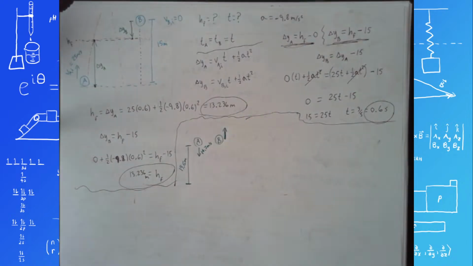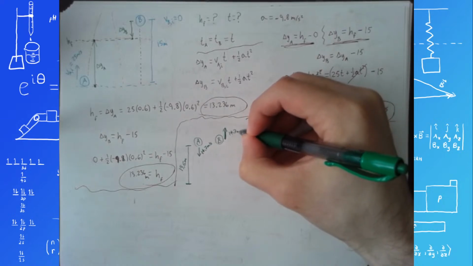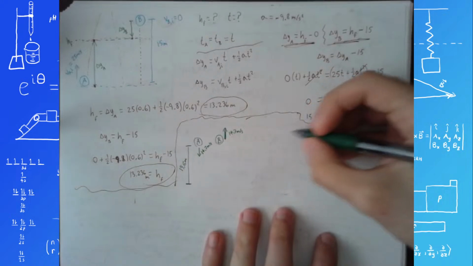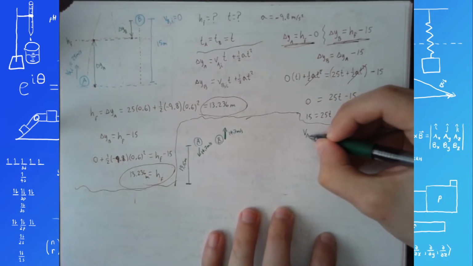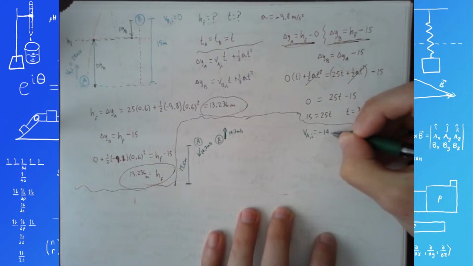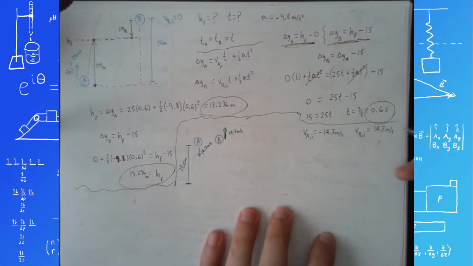The second one is thrown up with a speed of 14.7 meters per second. So I'm going to go ahead and write VA initial is negative 14.7 meters per second, while VB initial is positive 14.7 meters per second.